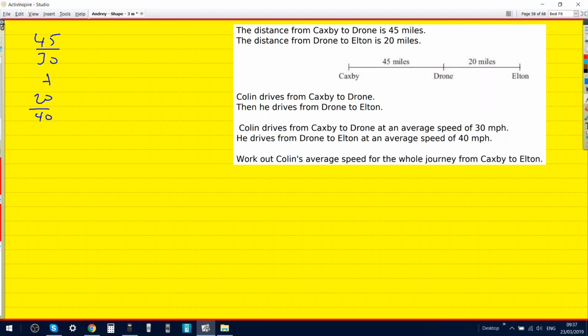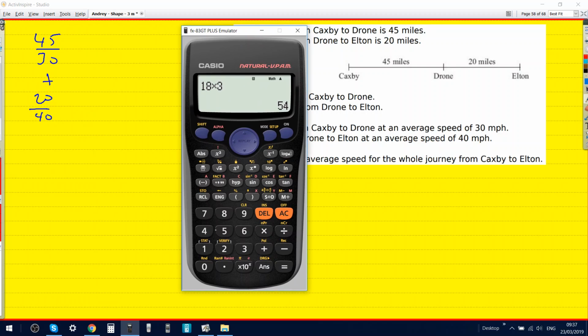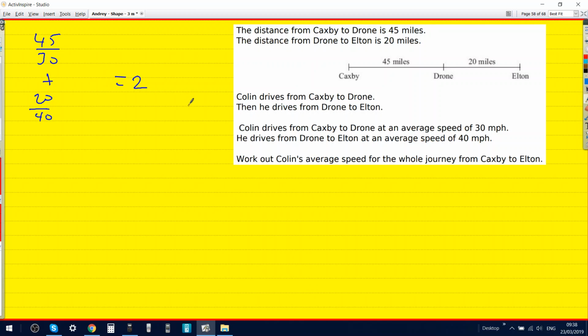So when you add those two, 45 divided by 30 plus 20 divided by 40, that gives you total time. So that's 2 hours.